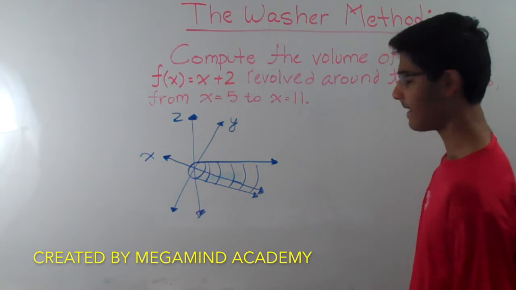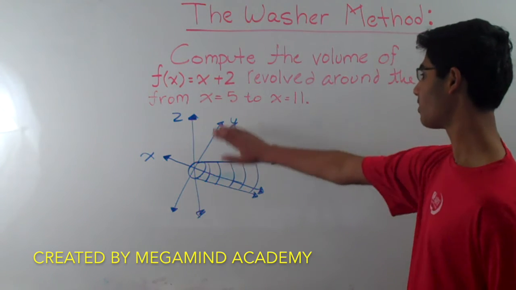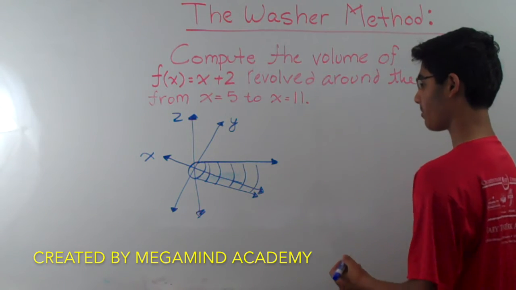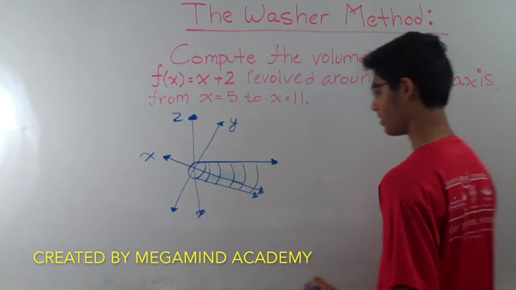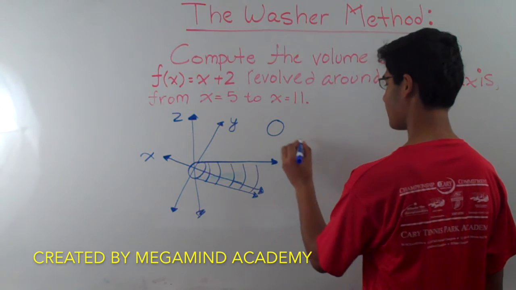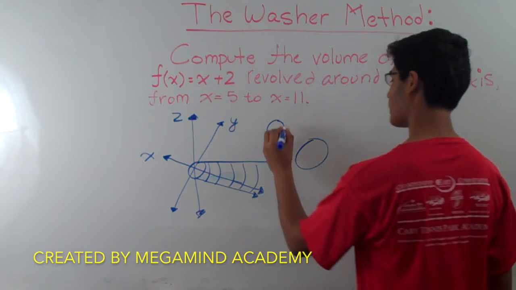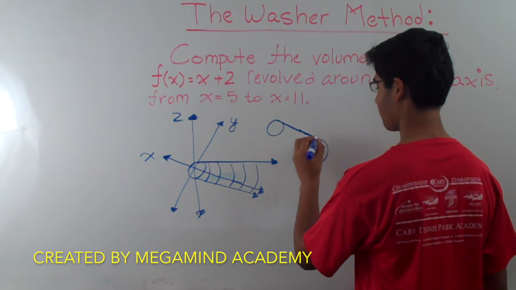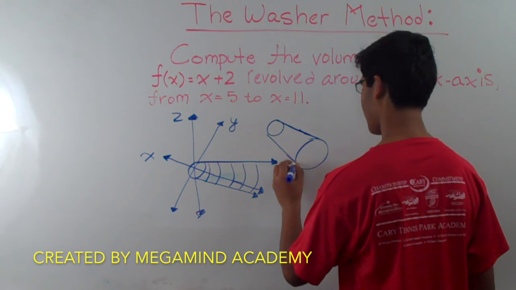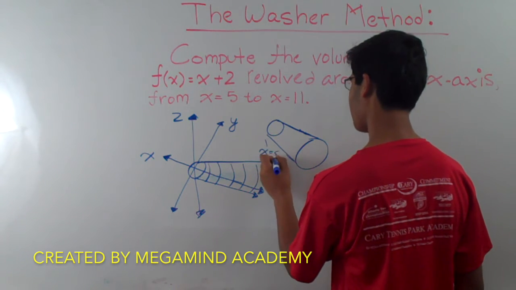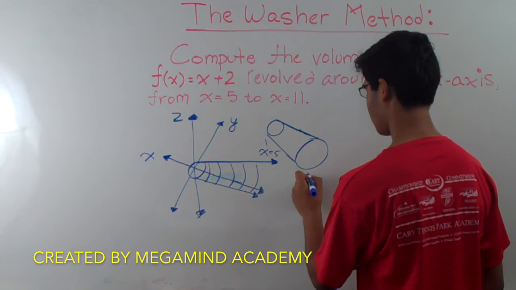So now we know that we have to do this from x equals 5 to x equals 11. So let's draw this from one point to another. This drawing will look somewhat like a cone that has been sliced off at one end. So this is where x equals 5, this is at x equals 11.